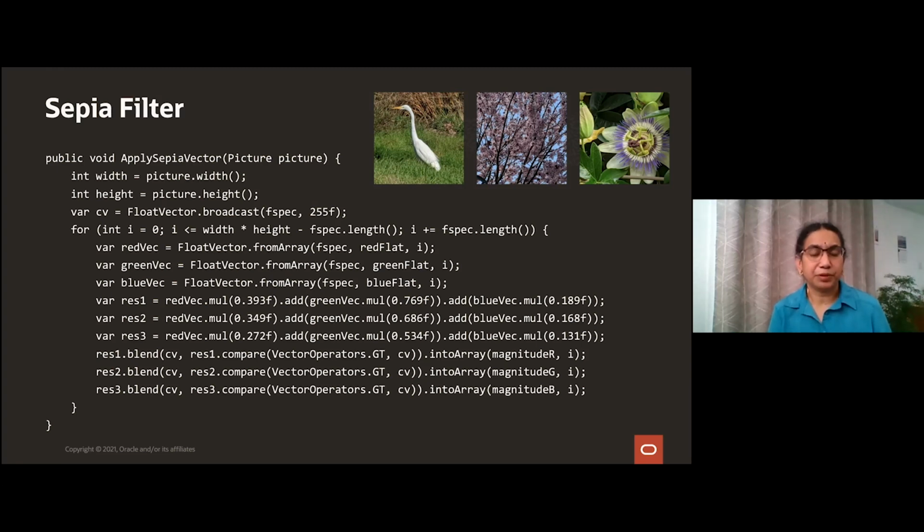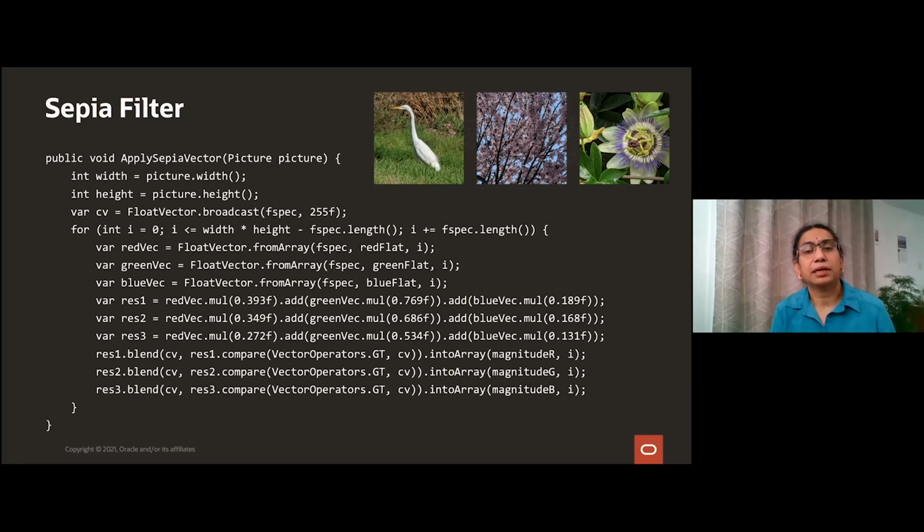The filter is basically doing some arithmetic computation on each of the colors. And after that, there is a saturation applied. And the saturation is performed using the compare and blend. So this is a highly data parallel operation, and that's why Vector API shows significant benefit.